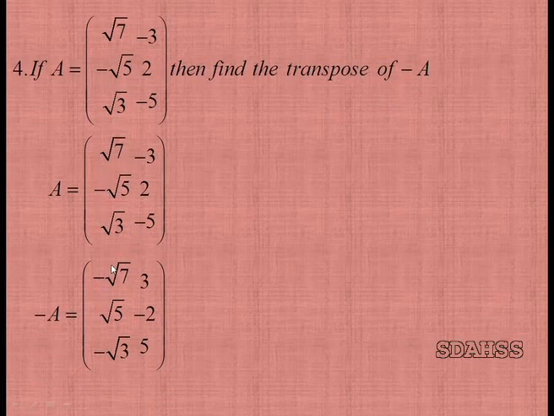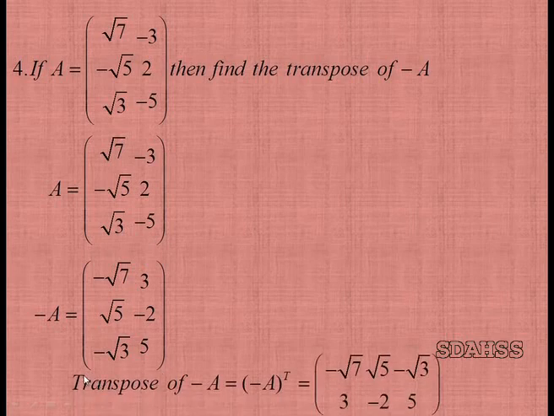Then you have minus A: root 7 becomes minus root 7. Minus 3 becomes plus 3. Minus root 5 becomes plus root 5. 2 becomes minus 2. Root 3 becomes minus root 3. Minus 5 becomes 5.